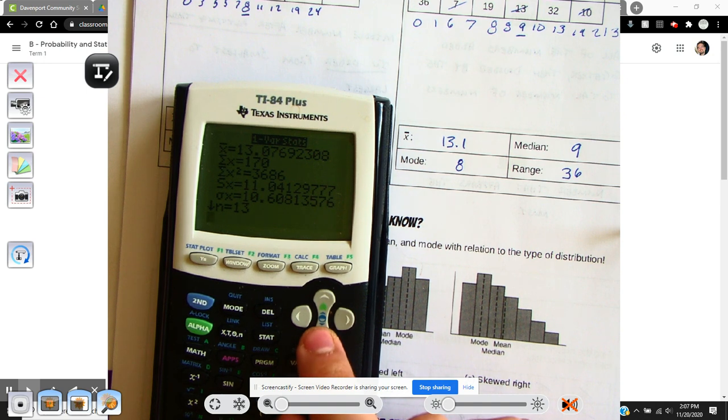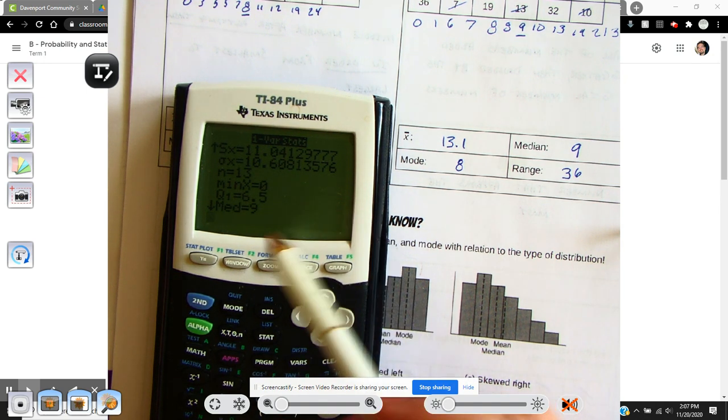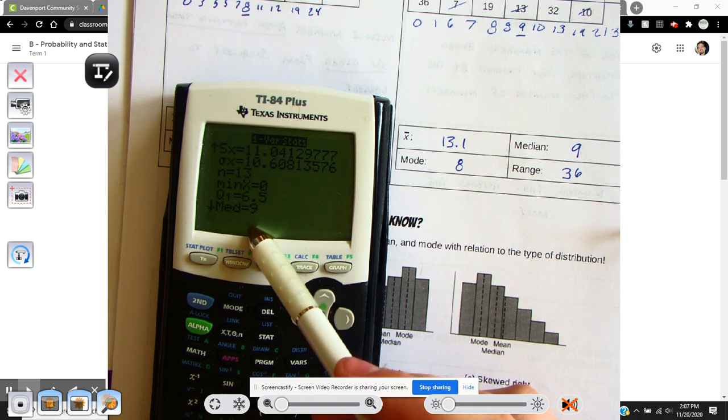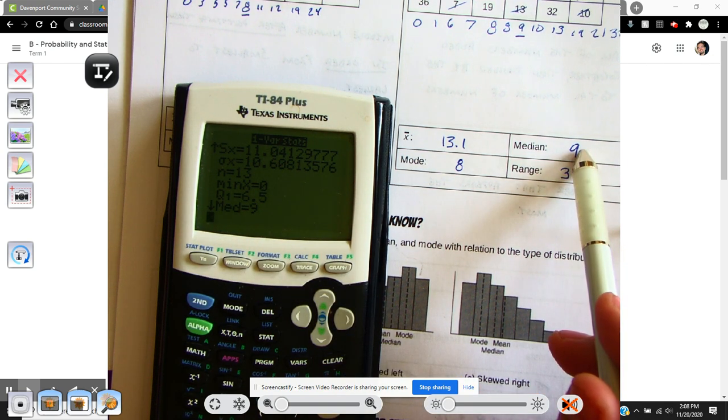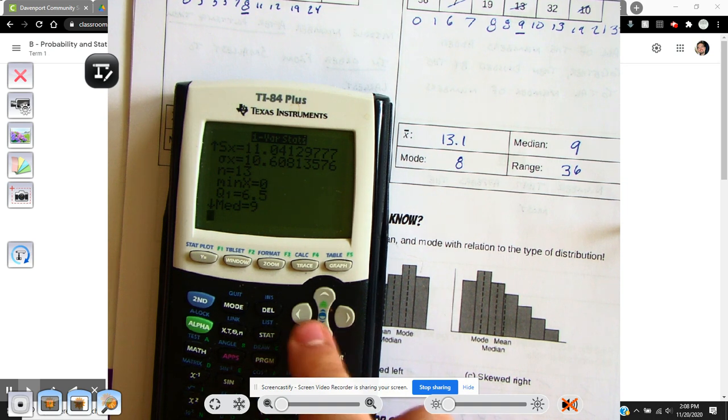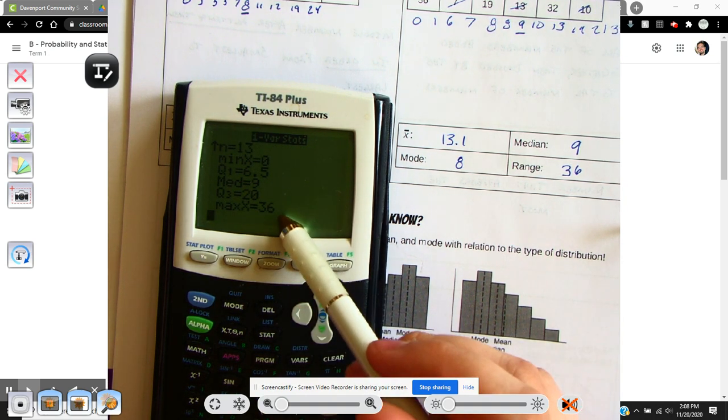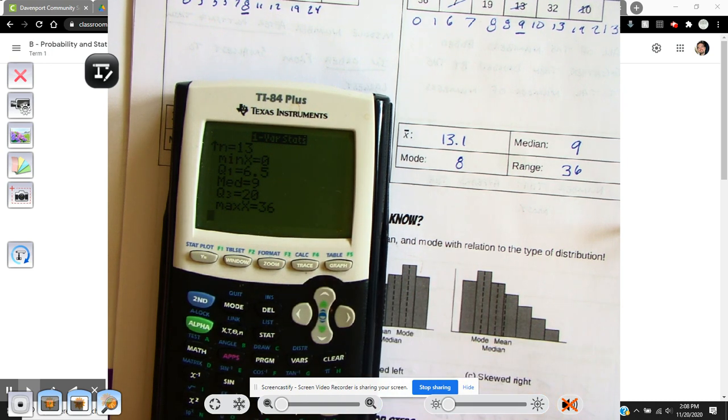If we scroll down, it says median. Keep on going down. We have our max number. We have our minimum number. So we could subtract them to get a range.